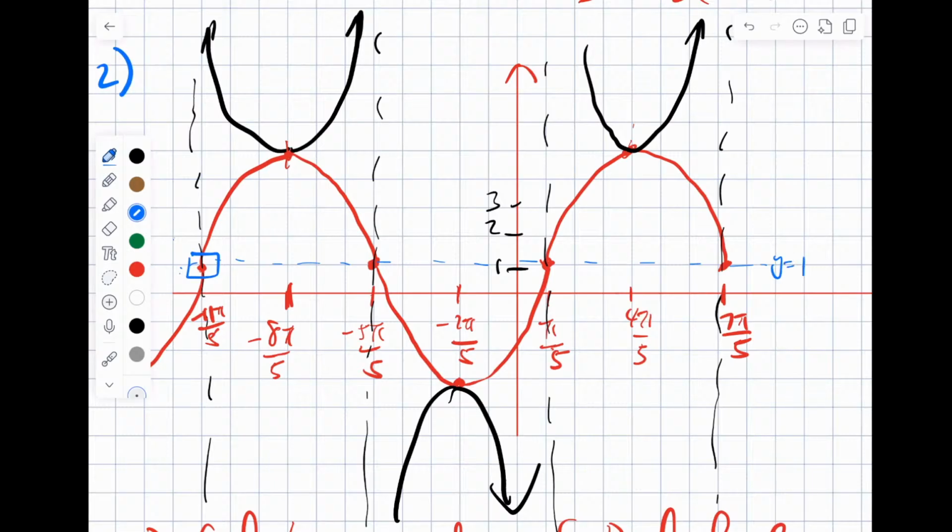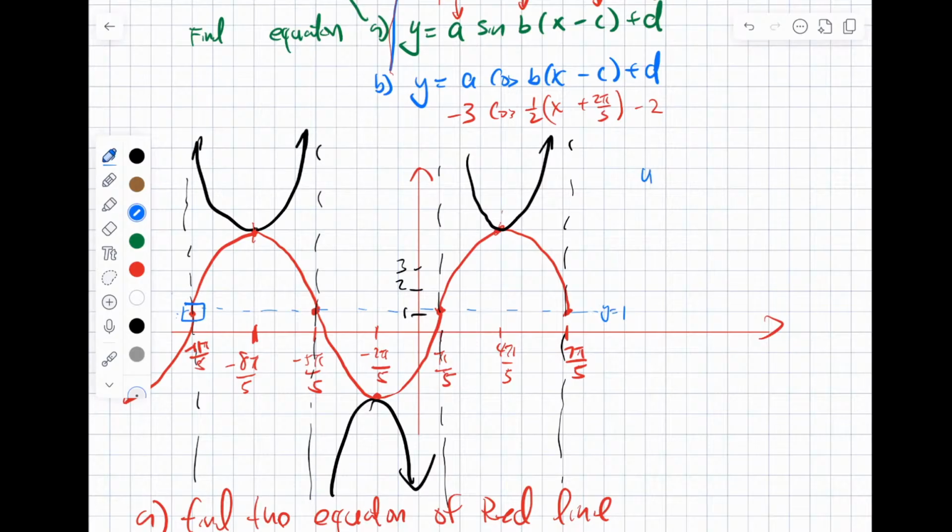That means I'm going to have y equals a sine bx plus or minus c plus d. I know that d is equal to 1. Is that okay? Also from here, I can tell this is equal to 4. And I can tell c, since we chose this point, is all the way to negative 11 pi over 5.